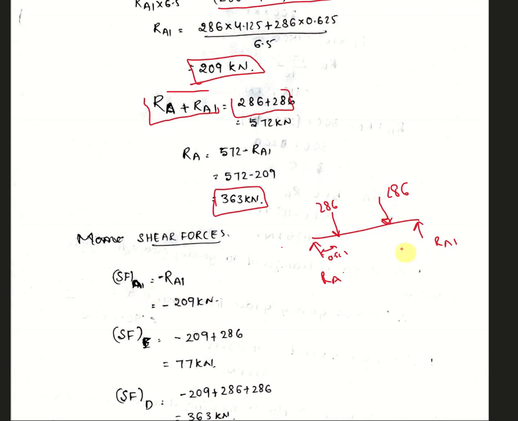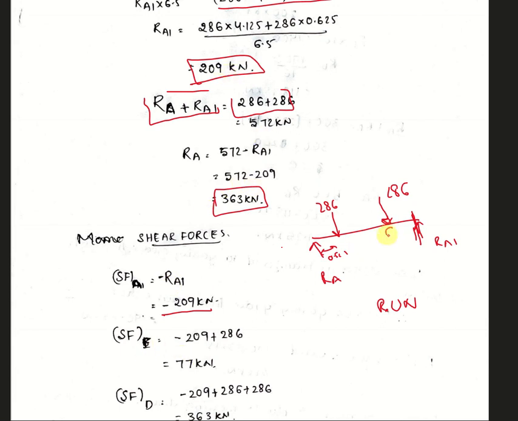Okay, shear force right upward negative. We are coming from this side to this side, right upward negative. You know the shear force rule, right? The force which is acting upward on the right side of the section is negative. So considering the section just here, it is minus 209 kilonewton, that is minus RA1 itself.